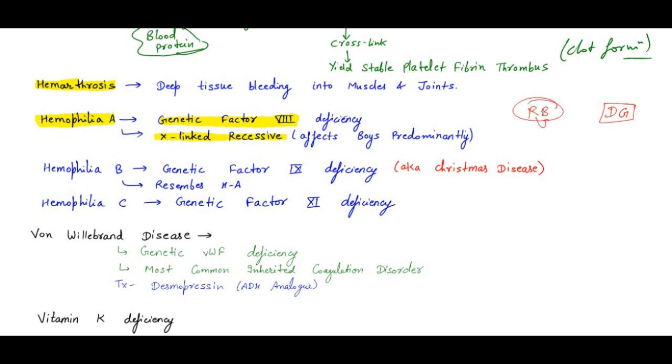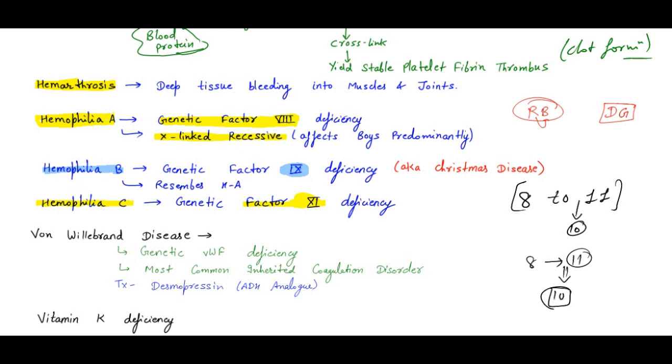Now hemophilia B: remember, we have genetic factor 9 deficiency. Hemophilia C has factor 11 deficiency. So remember it goes from 8 to 11, in which 10 is missing. Think of a movie from 8 to 11, with an interval of one hour, that is 10.